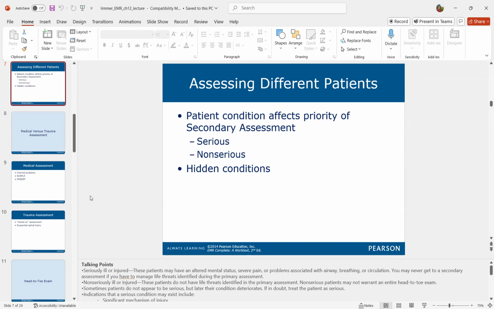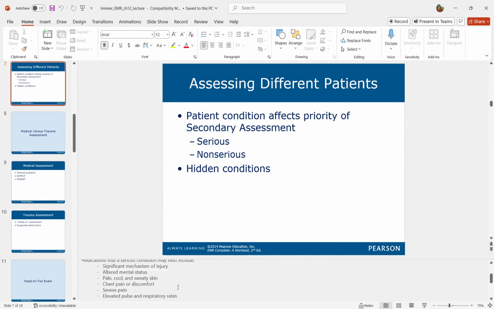Indications that a serious condition may be present include a significant mechanism of injury. So adults, if they fell down stairs, landed on their head, having some neck pain, they have a major cut, something like that. They could have altered mental status, so they're not really sure what's going on. They're not all with it. Pale, cool, sweaty skin, because normally we don't just sit there with pale, cool, sweaty skin.